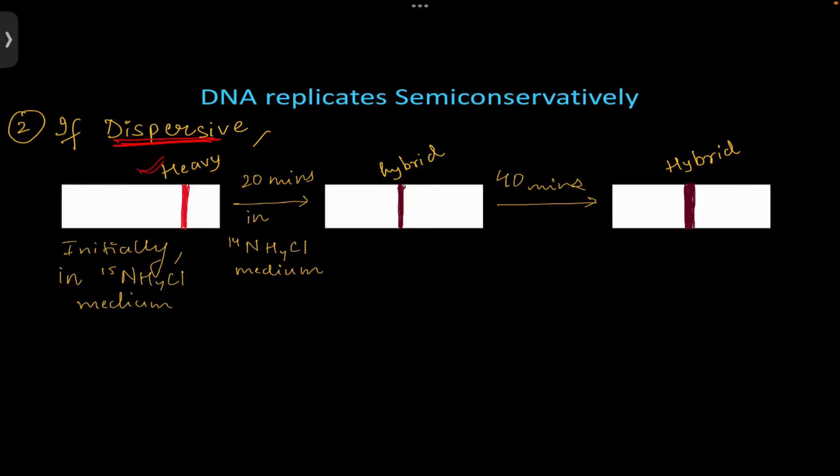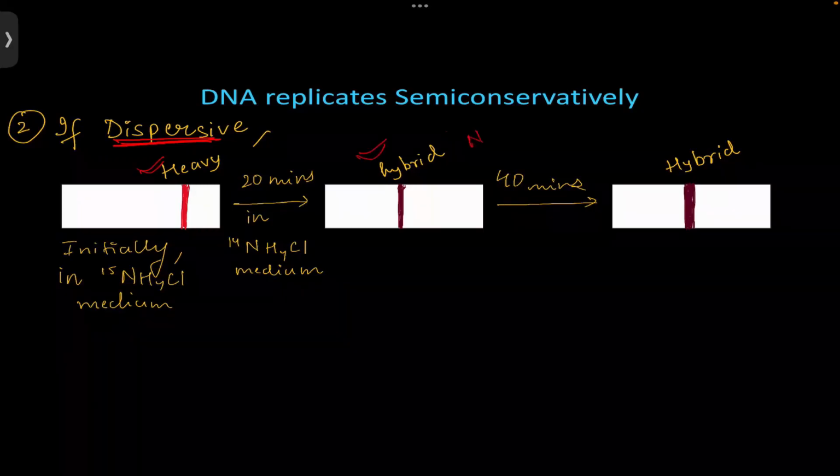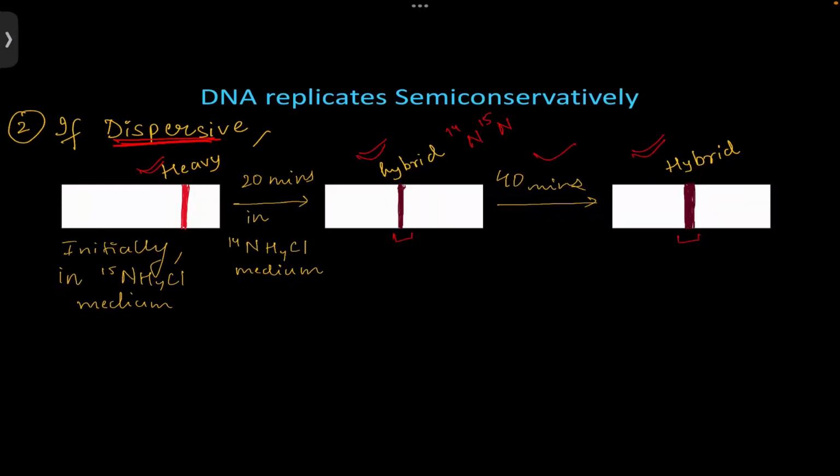Now, after 20 minutes, we will see hybrids that contain both N15 and N14. After 40 minutes, also we will see only hybrids. The only difference is the thickness of the band will increase after 40 minutes. The same will be for 80 minutes as well.